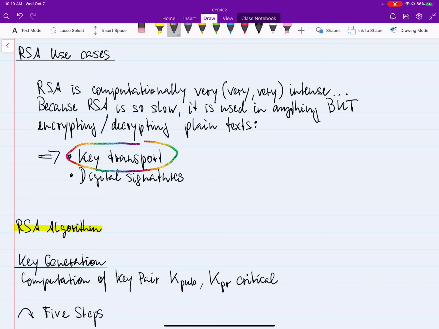And symmetric key cryptography is way more efficient, as I already said, than public key cryptography. It's computationally way less intense than RSA. So we also may use it for digital signatures. Okay, so those are the two most prominent use cases for RSA.